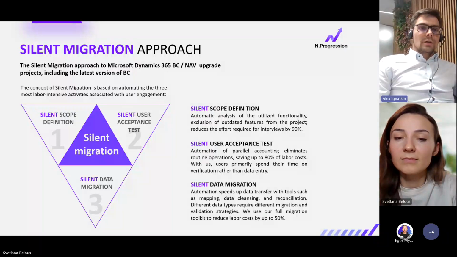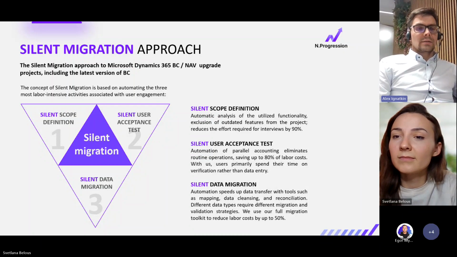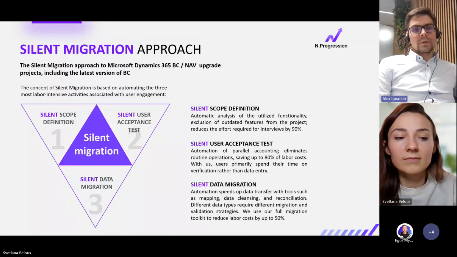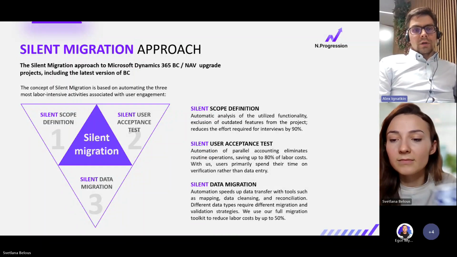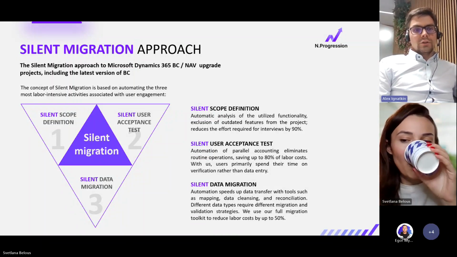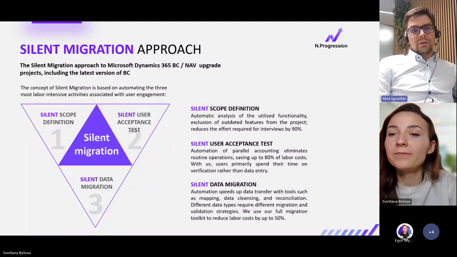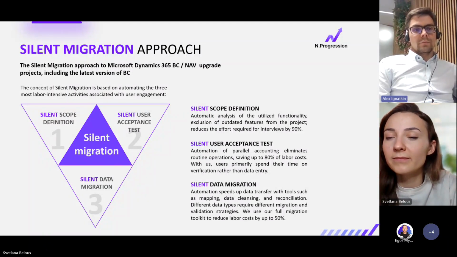The next key activity relates to testing, or UAT, the user acceptance test, and you know that it's a very time-consuming process. And again, here we have an automated tool which helps to reduce workload on analysts, end users, and key users by up to 80%.